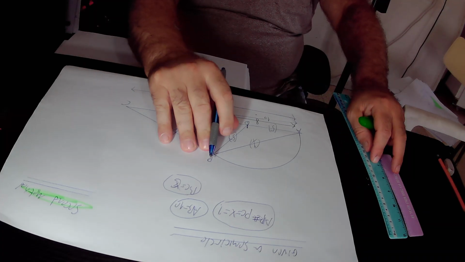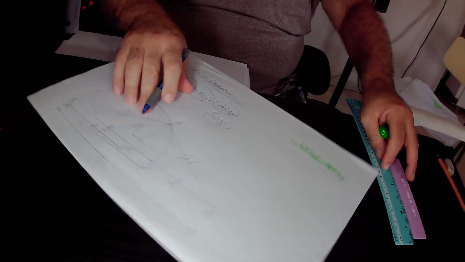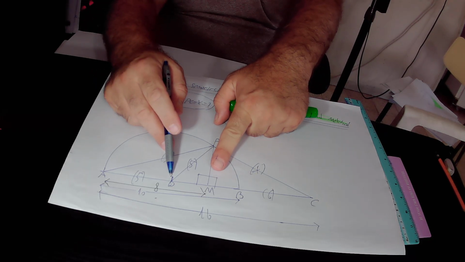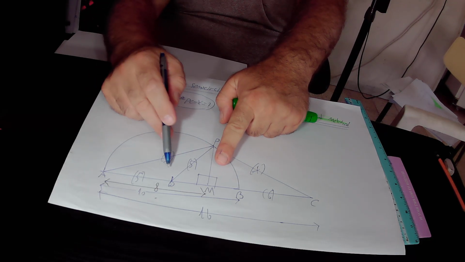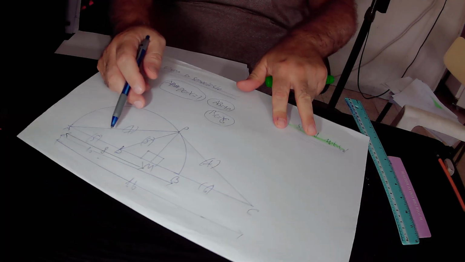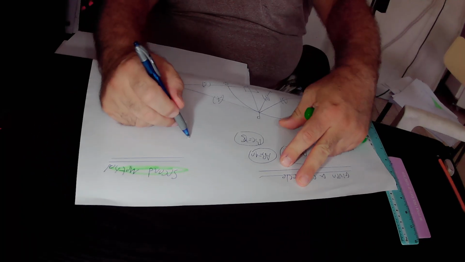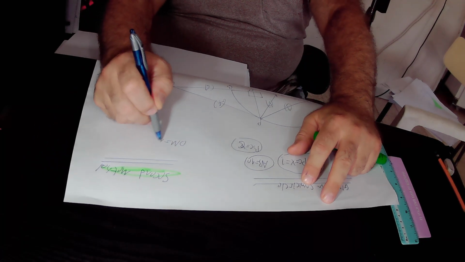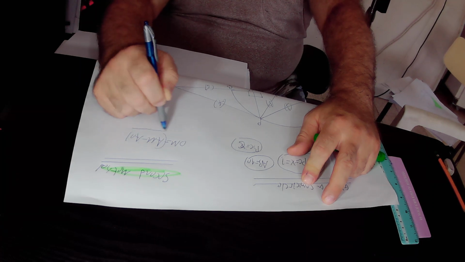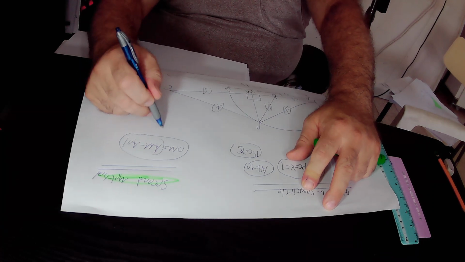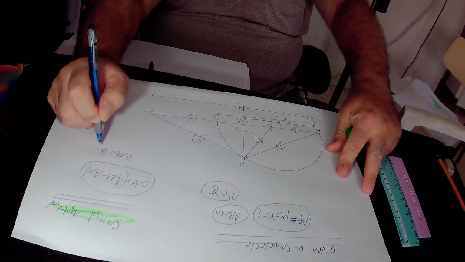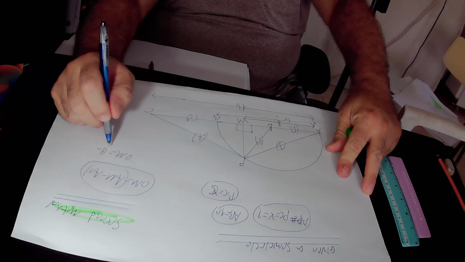What is the length of the small line segment OM? It is very easy to see that OM equals AM minus AO. Again, OM equals AM minus AO. So I write it down. OM equals AM, which is 8, minus AO, which is 5.